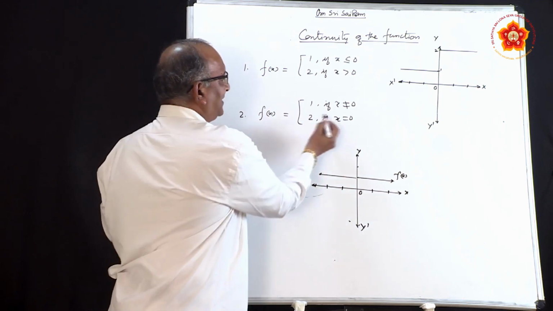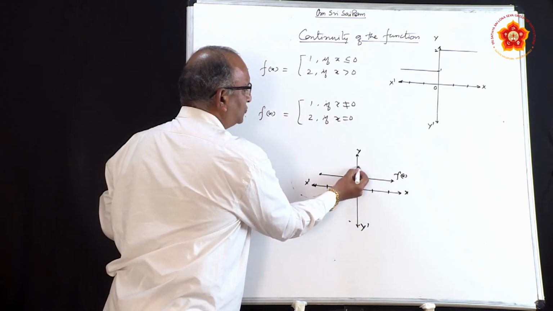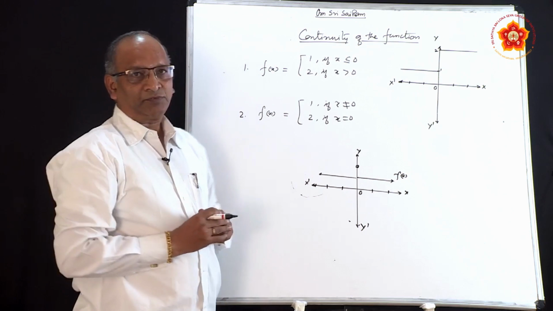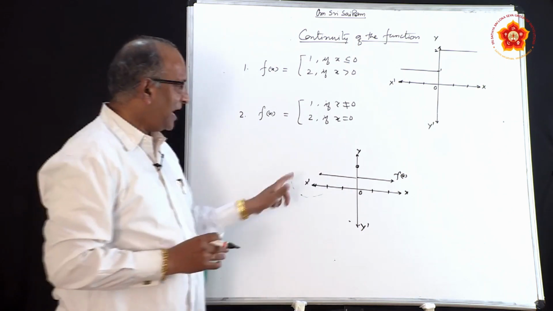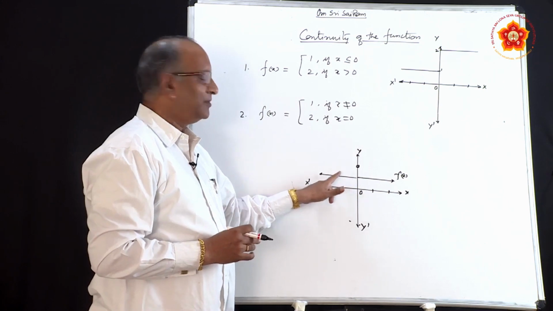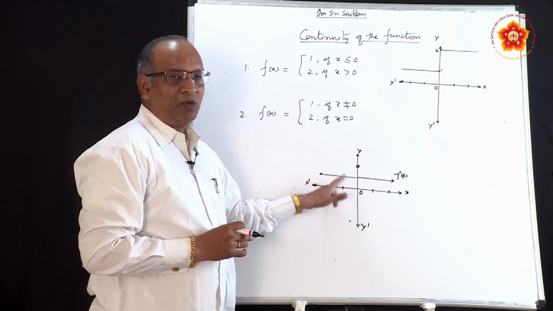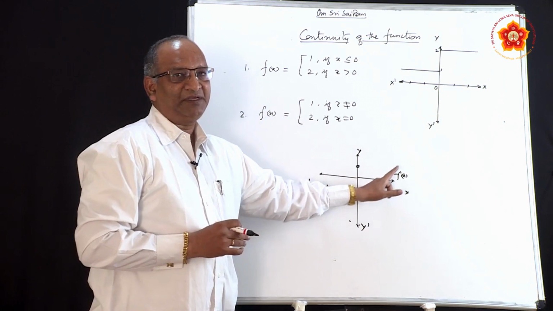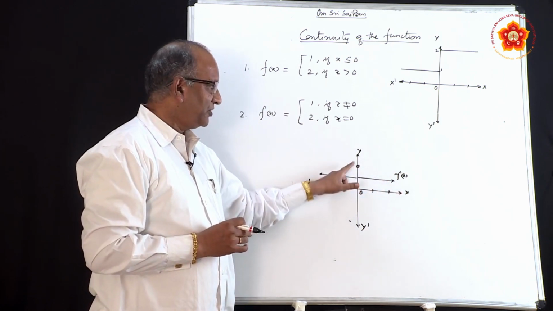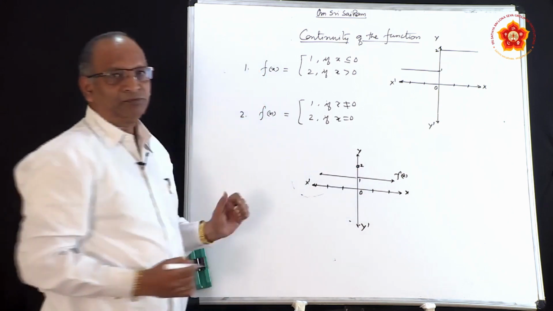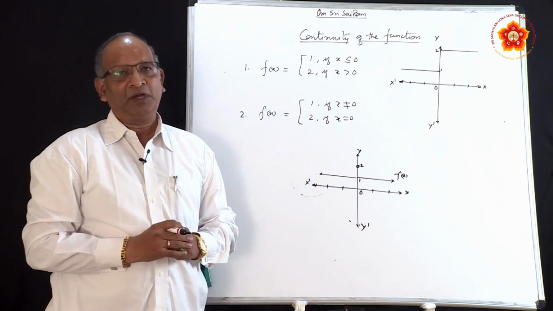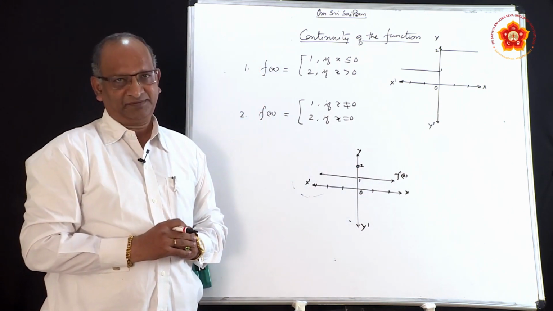But at x equal to 0, it is 2. This graph also is discontinuous. Means up to 0, the y value is 1. Beyond 0, its value is 1, but at x equal to 0, it is 2. This is another example of a discontinuous function.